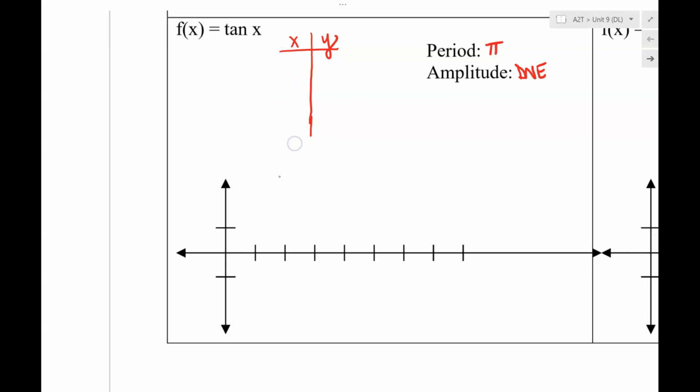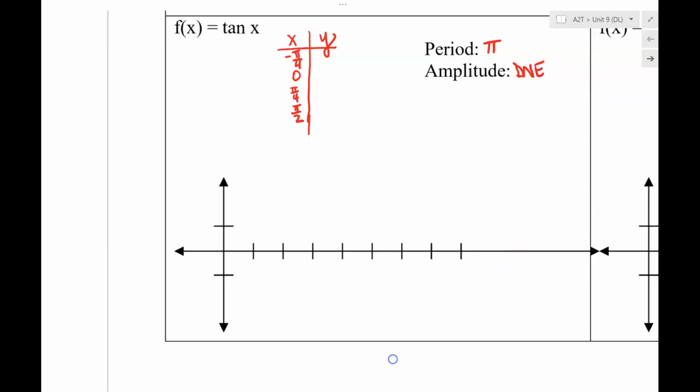Okay, so negative pi over 4, pi over 4, pi over 2. Sorry, I'm trying to get one period for you and make it the easiest. Let's do negative pi over 2, final answer. Negative pi over 4, 0, pi over 4, and then pi over 2.